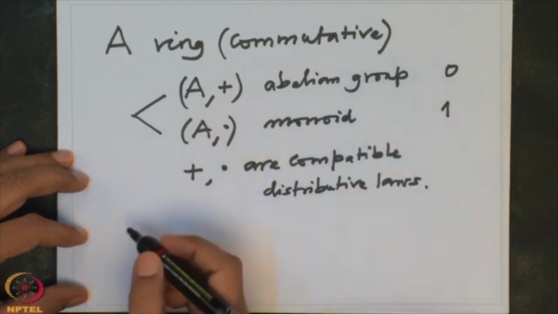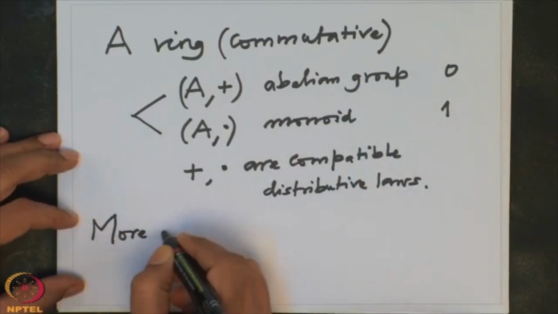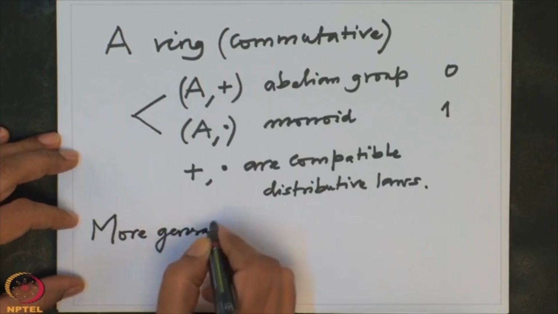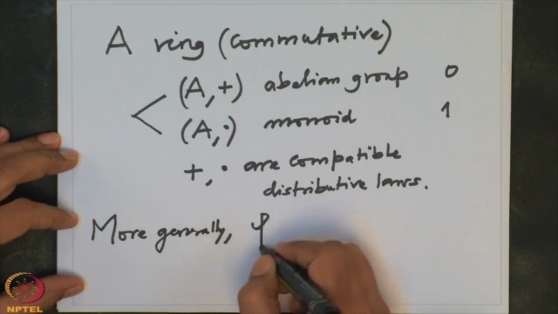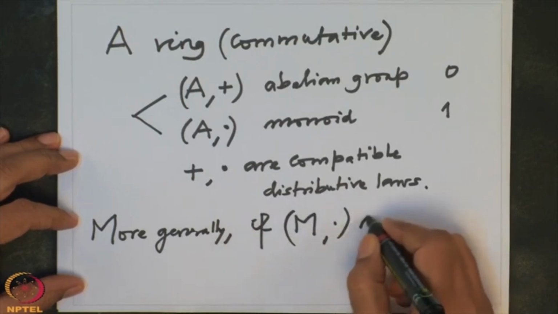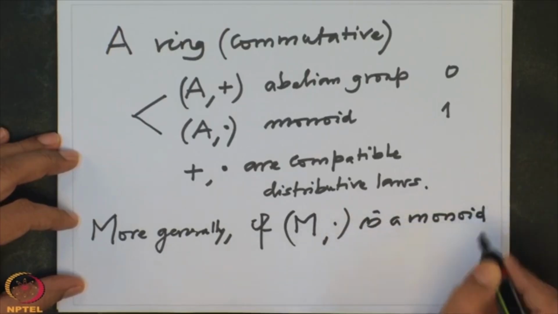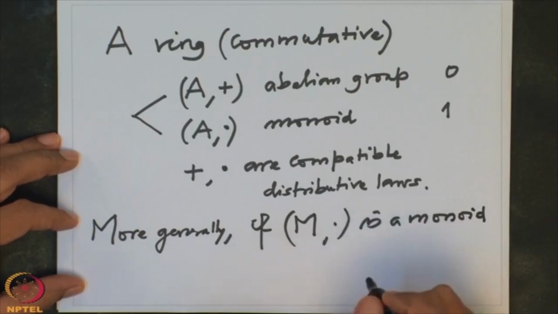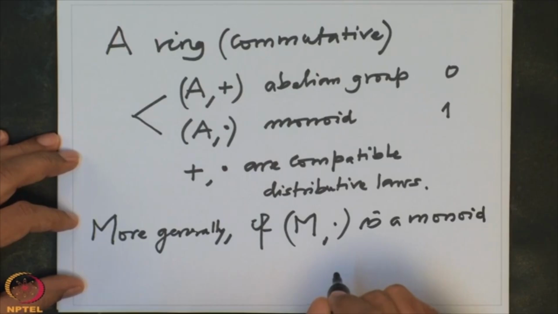Now what does invertible mean? More generally, if M with dot is a monoid, monoid means an associative binary operation with a neutral element with respect to that binary operation.